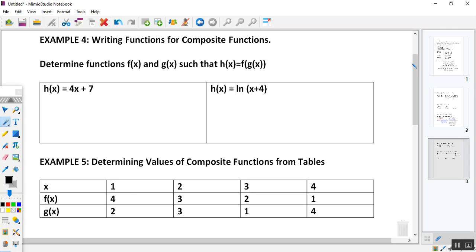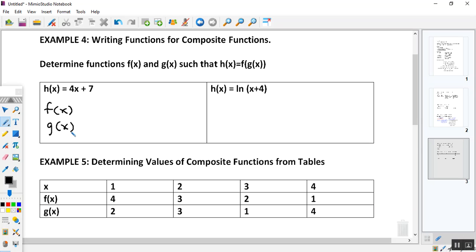Such that h of x is equal to what? F times g. We're trying to find two functions, f of x and g of x. I think g of x is x plus 7, and then f of x is 4x.